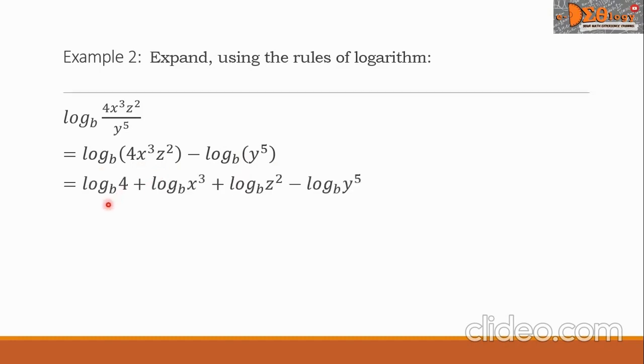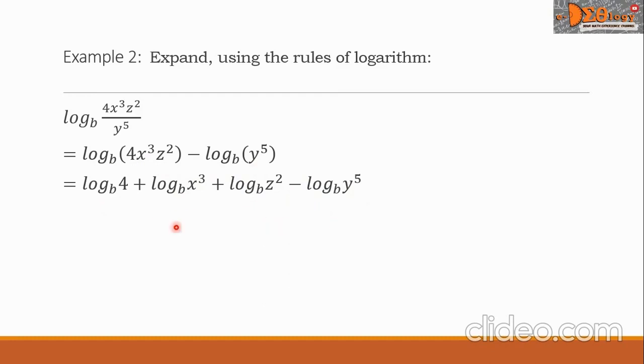So we have log of 4, the first factor, to base b, plus the log of the second factor, x cubed, to base b, then plus the log of the third factor, the z squared, to the base b, then the minus log of the denominator, the y raised to 5 to the base b. We simply copied this last part here. So we have now 4 logarithms here.